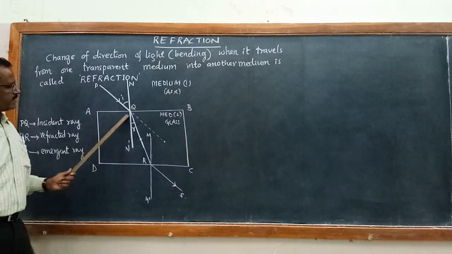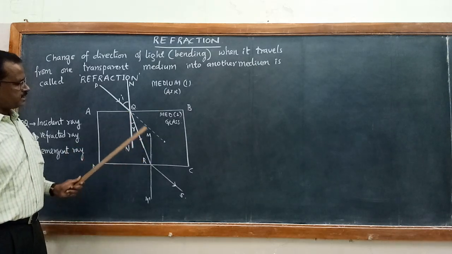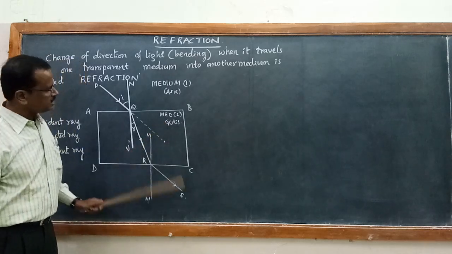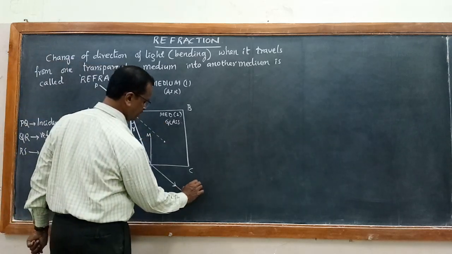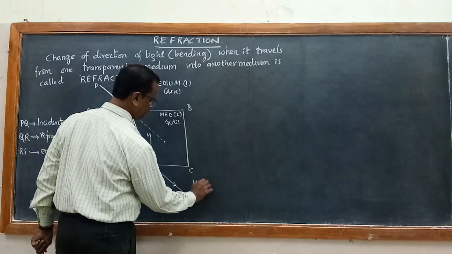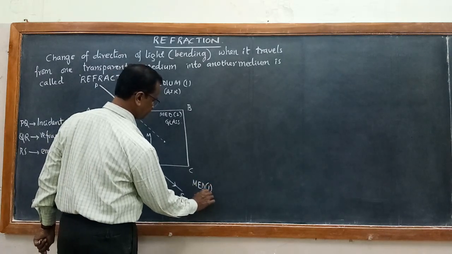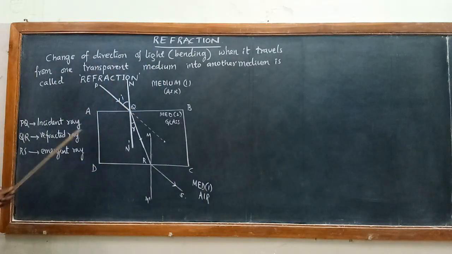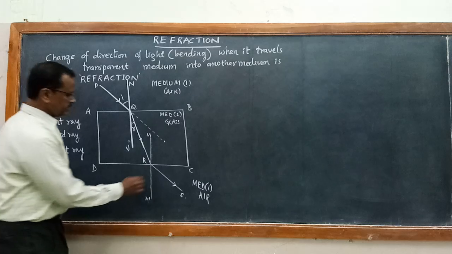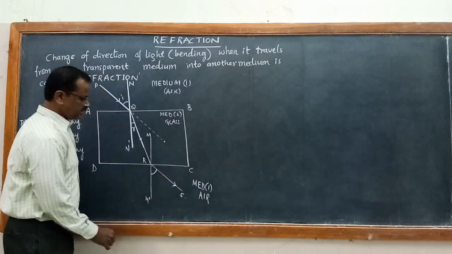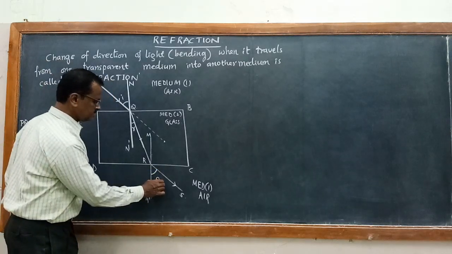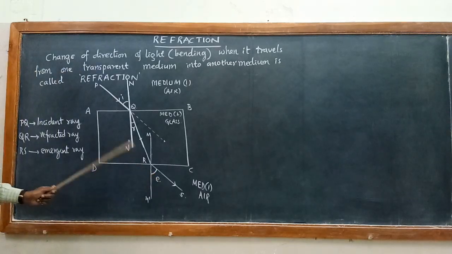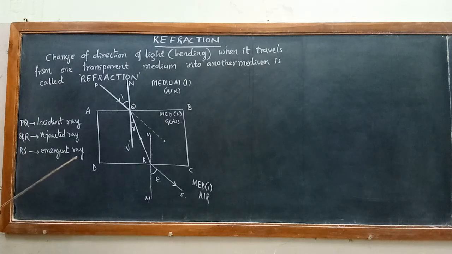Emergent ray means it is emerging out of the glass. It is emerging out of the different medium, glass, into the air medium. So this is again medium number 1, that is air. So it is called the emergent ray. Now the angle made by the emergent ray with the normal is called the angle of emergence.